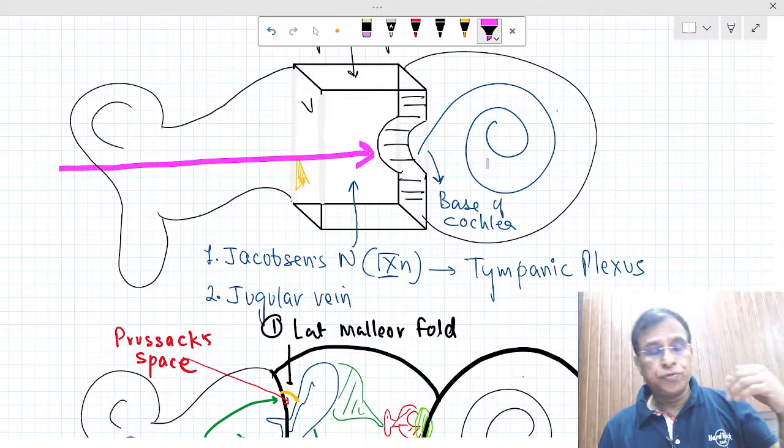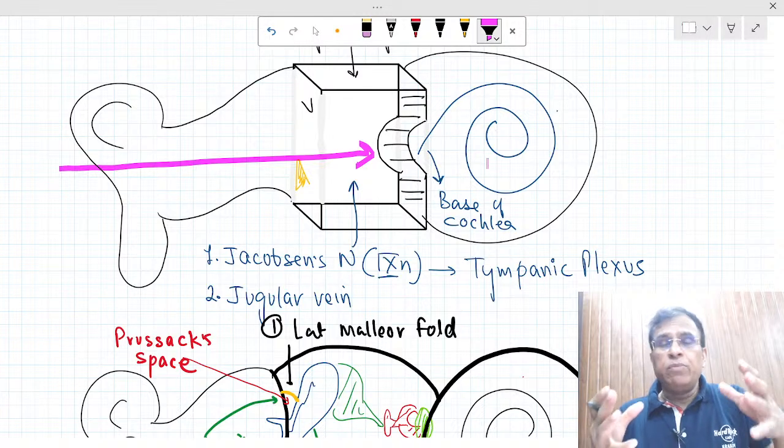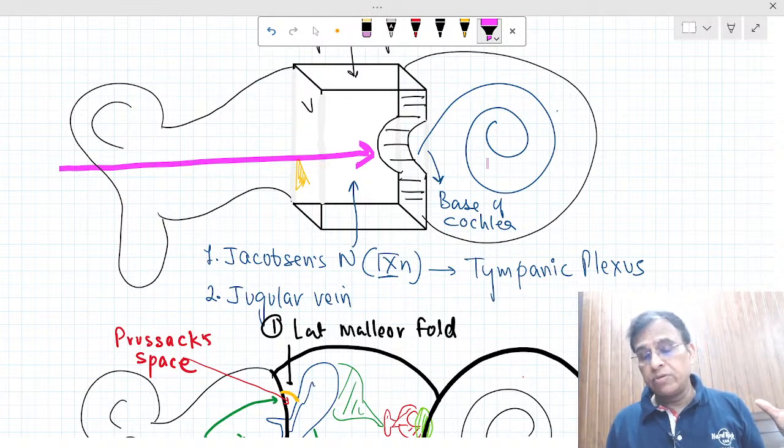On top there is a roof, below there is a floor. On one side there is the anterior wall, on the other side the posterior wall, right? Obviously. So the middle ear is like a box, any box that you see at home. If you remove one boundary, in this case the lateral boundary, the tympanic membrane, 5 boundaries are left.